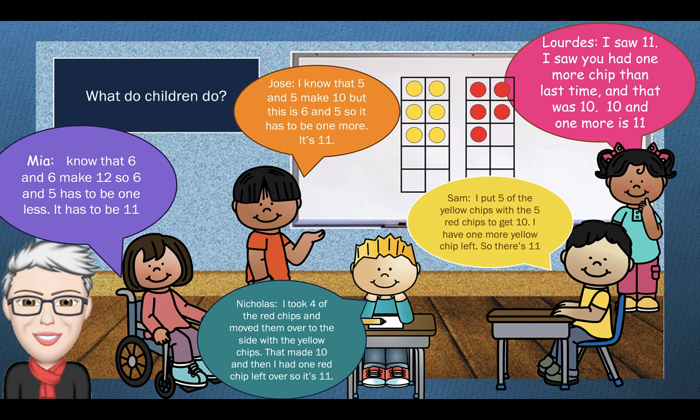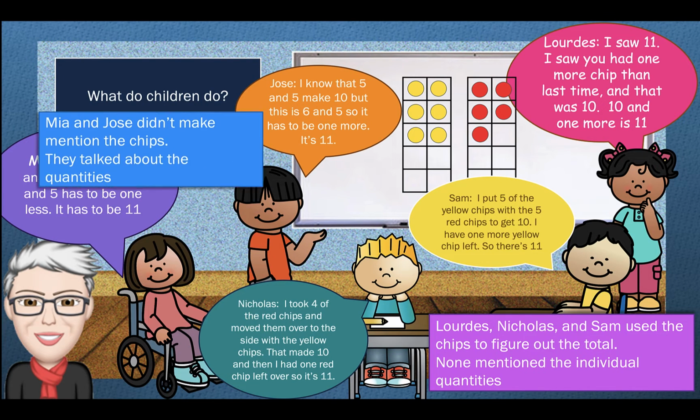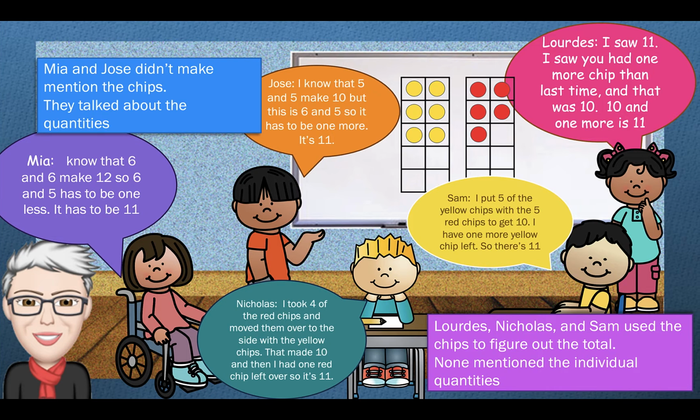Now, if we take a look at these solutions, we see that those given by Lourdes, Nicholas, and Sam used the chips to figure out the total, but none of them mentioned the individual quantities involved in the frames. Maya and Jose, on the other hand, didn't make mention of the visual imagery of the chips, but they talked about the quantities represented by the visual imagery. They each explicitly talked about 6 and 5, making 11.